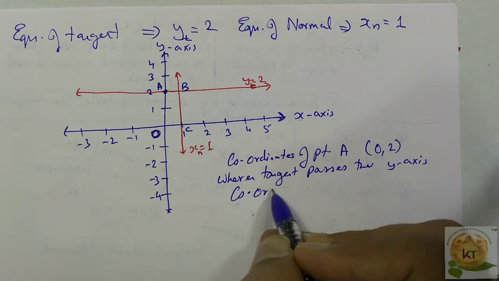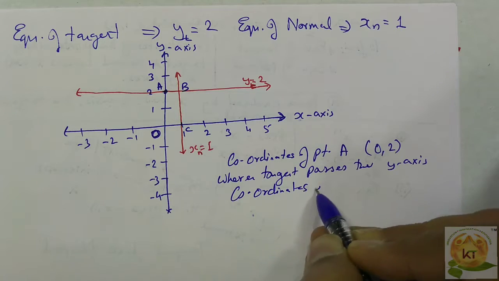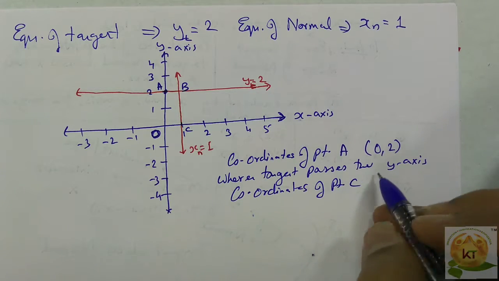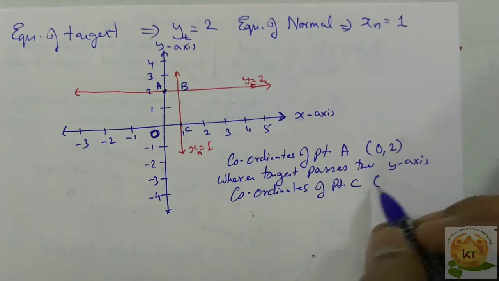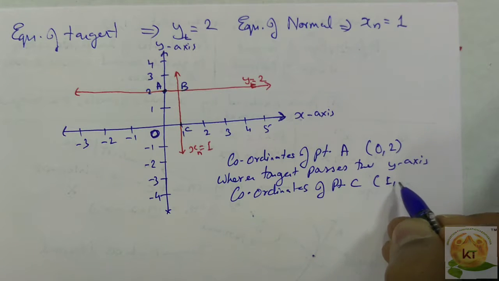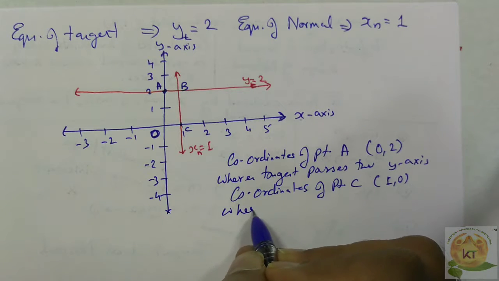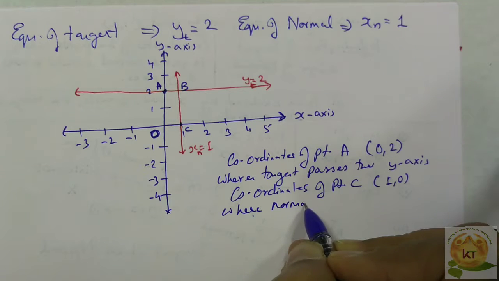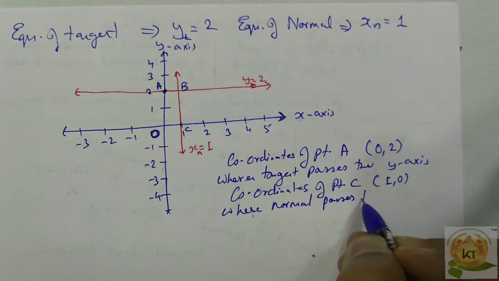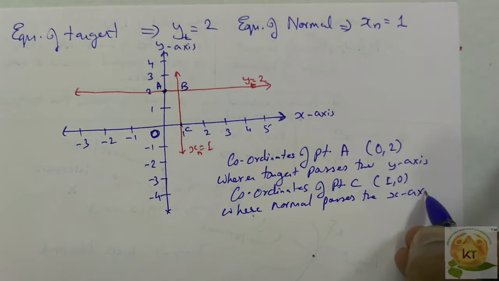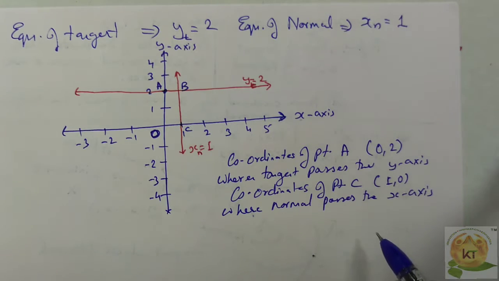And similarly, coordinate of point C, that is this coordinate, would be 1, 0, where the normal passes the x-axis. So that completes my third part of the question.